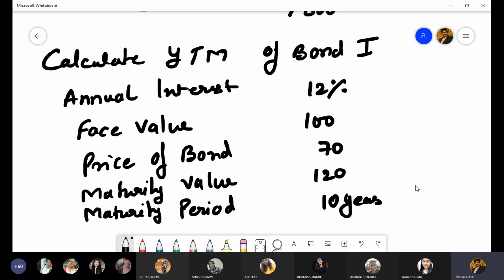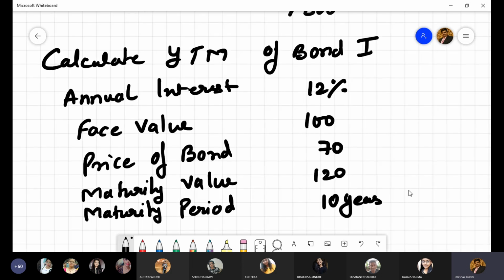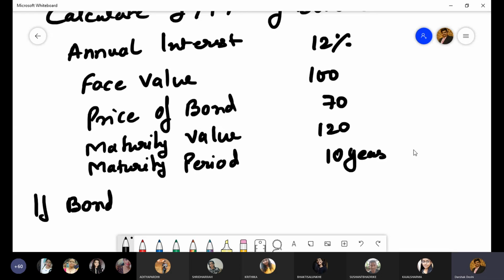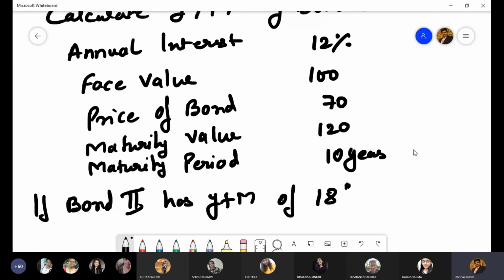Below that write down: if bond 2 has a YTM of 18%, which bond is better?